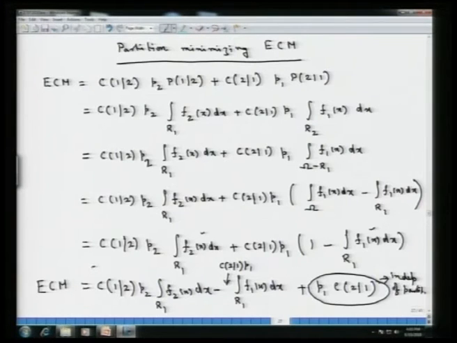So, when we are looking at finding the partition which would minimize the expected cost of misclassification, we can look at just this particular term and see which partition leads to the minimum.